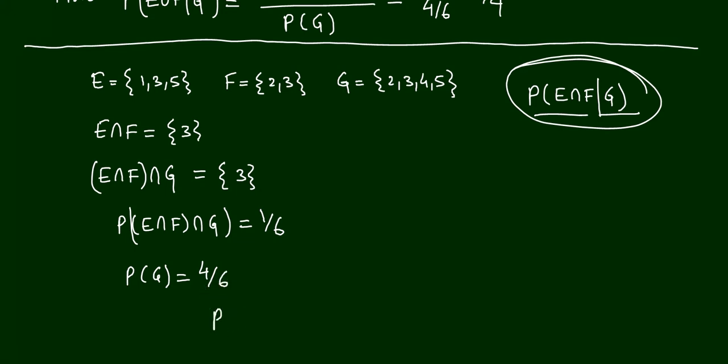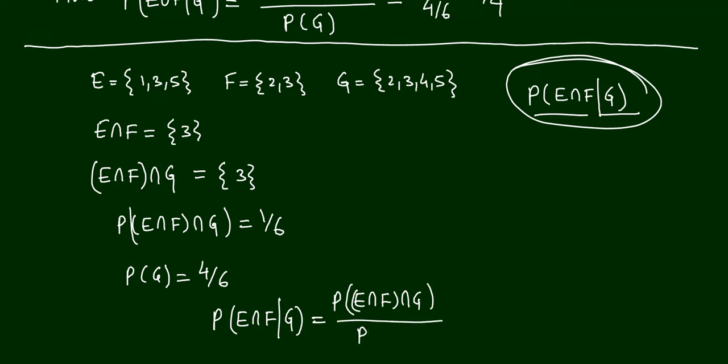So the conditional probability of E intersection F when G is already happened will be probability of E intersection F whole intersection G upon probability of G. So this probability is 1 upon 6 and this is 4 upon 6 and this will be 1 upon 4.